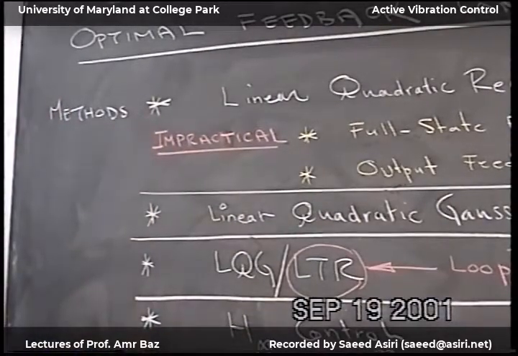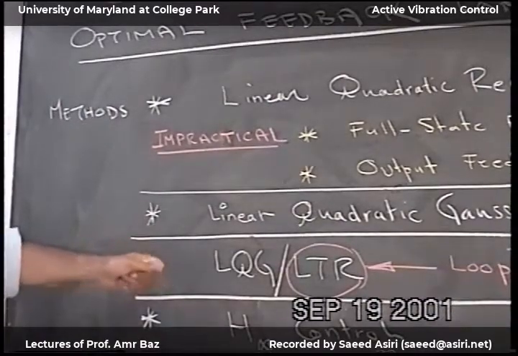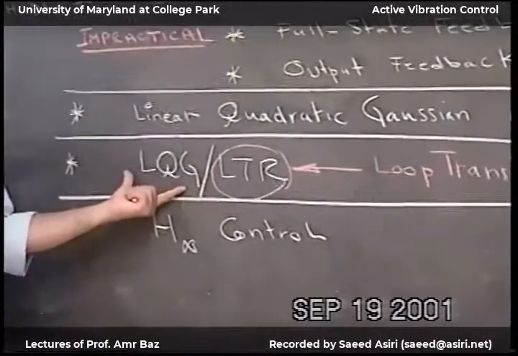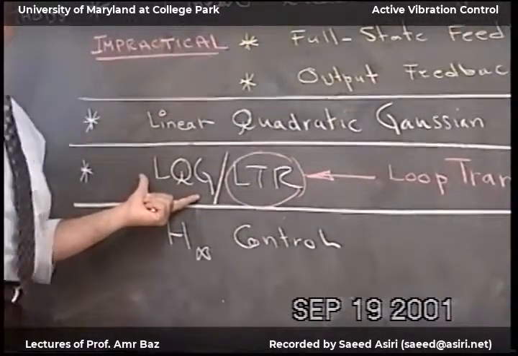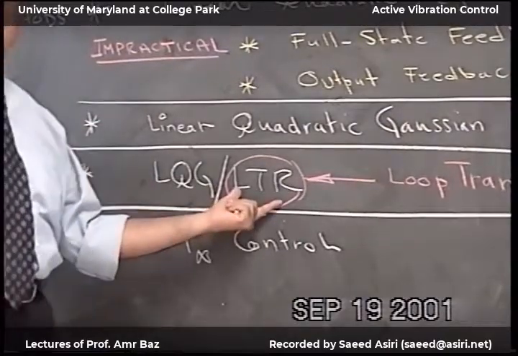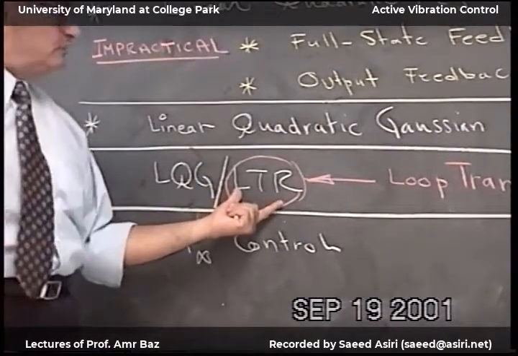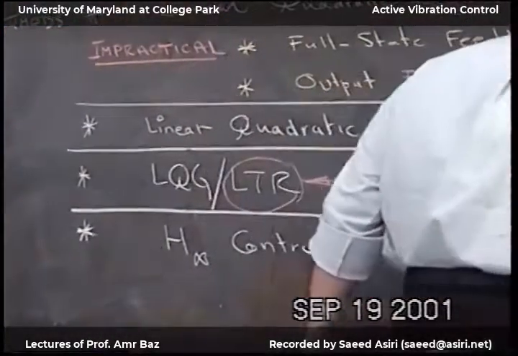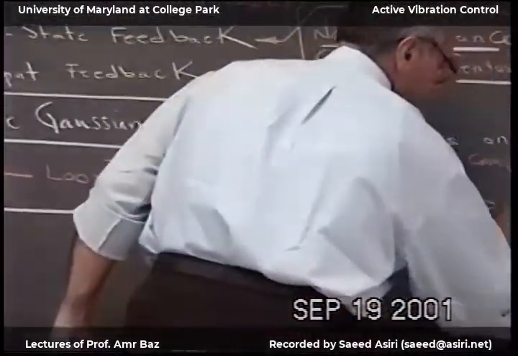Now the last thing, this type of controller. If we use this alone, we don't have robustness. I want to recover the robustness, so I have to add another attachment to it. It's called the loop transfer recovery. So this is robust.